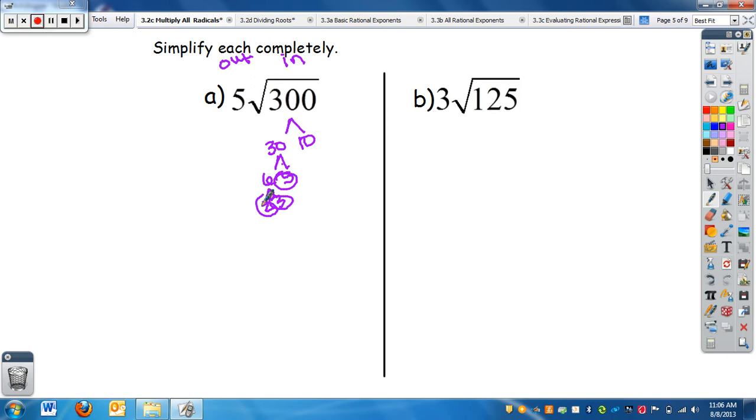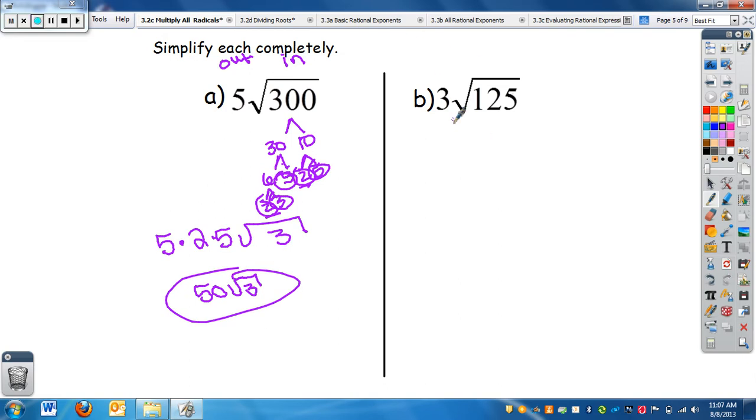Again, it helps to circle them so you don't lose them. 2 and 5. So here I have a pair of 2's and a pair of 5's. So I have 5 who's already out there, another 2, another 5, and then the 3 got left in. Well, 5 times 2 times 5 is 50, square root of 3.